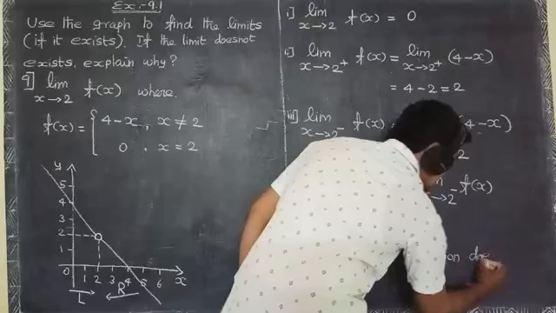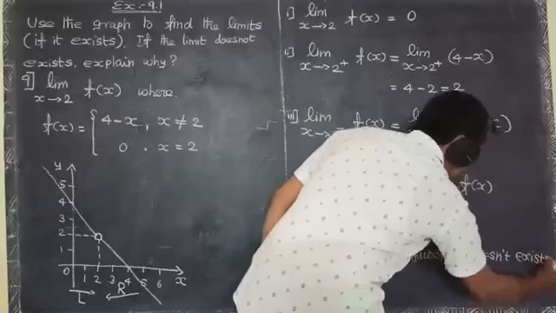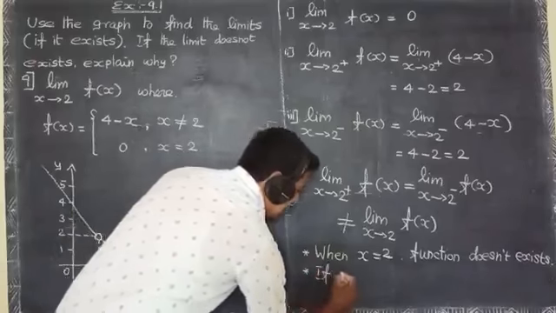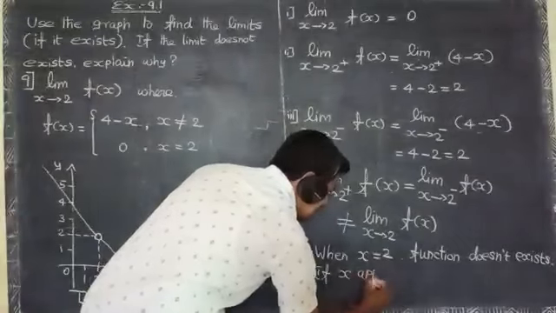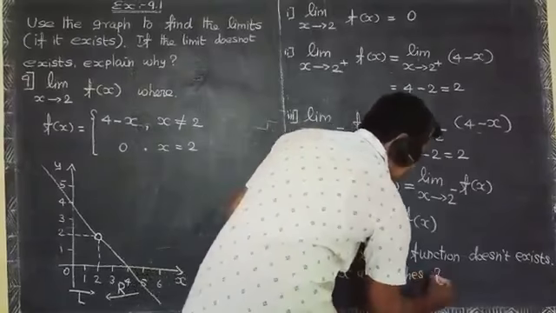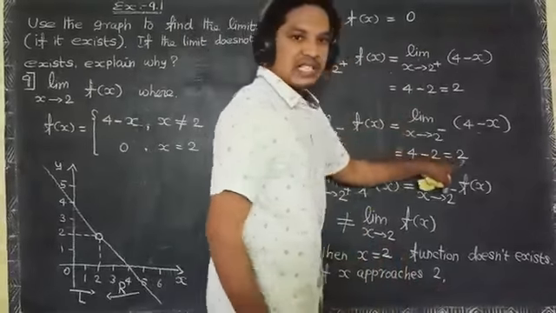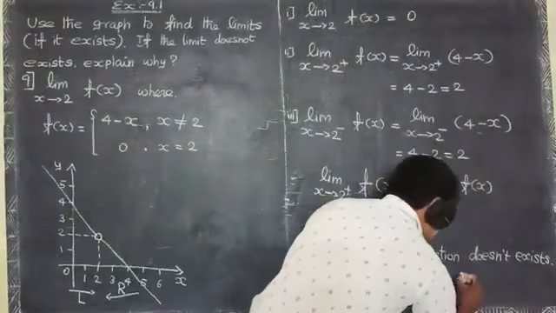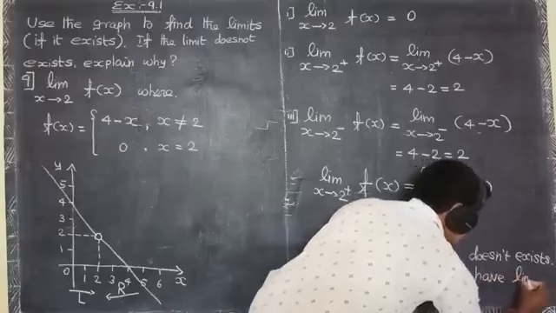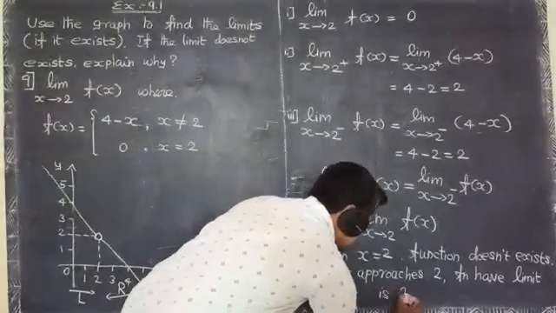Suppose x approaches 2, it means the function has the limit 2.